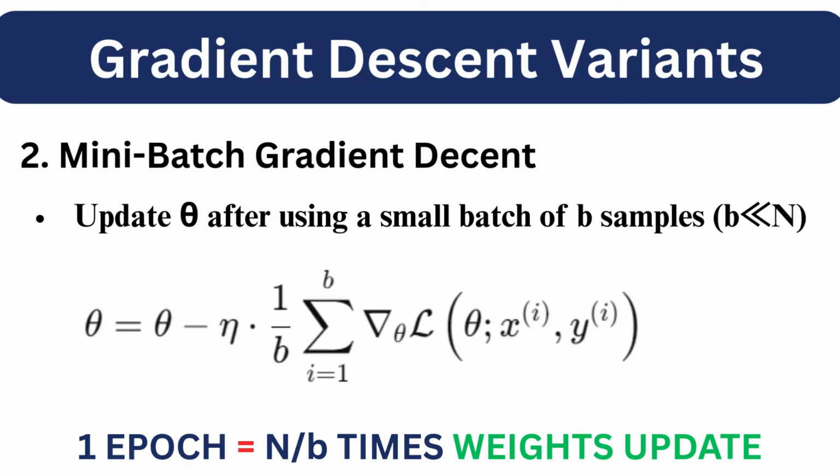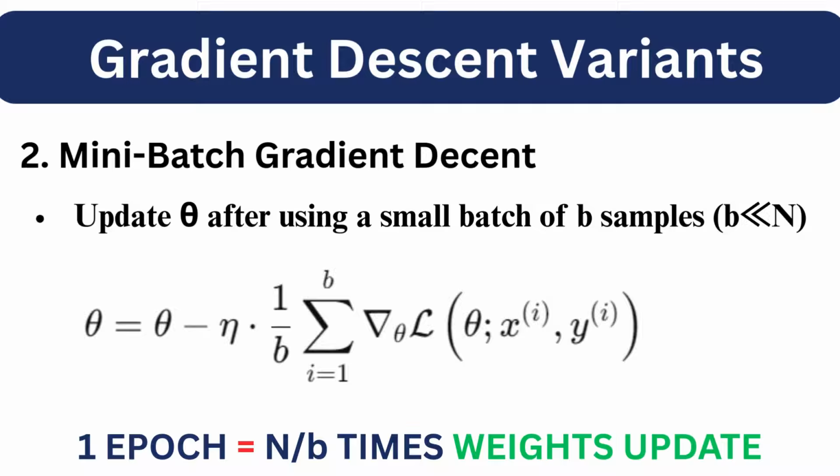The next variant is mini batch gradient descent. In this variant, we divide the training data into small batches of b number of samples. Usually it's in multiples of 2 like 8, 16, 32, 64, 128 and so on. In mini batch gradient descent, we compute the gradient for a batch and then update the parameters.